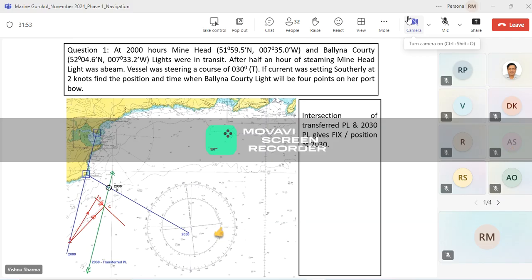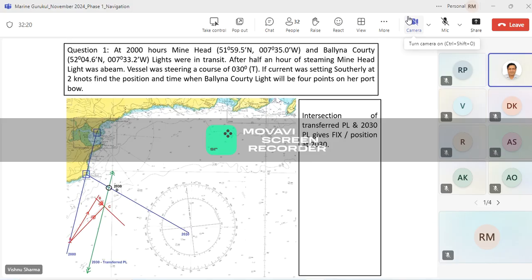Sir, from where do we get this engine speed? Engine speed from where we are taking? 12 knots. You said we have taken it from the remarks on top of the question paper. If you see the assignment I have sent you, can you open it on your phone?